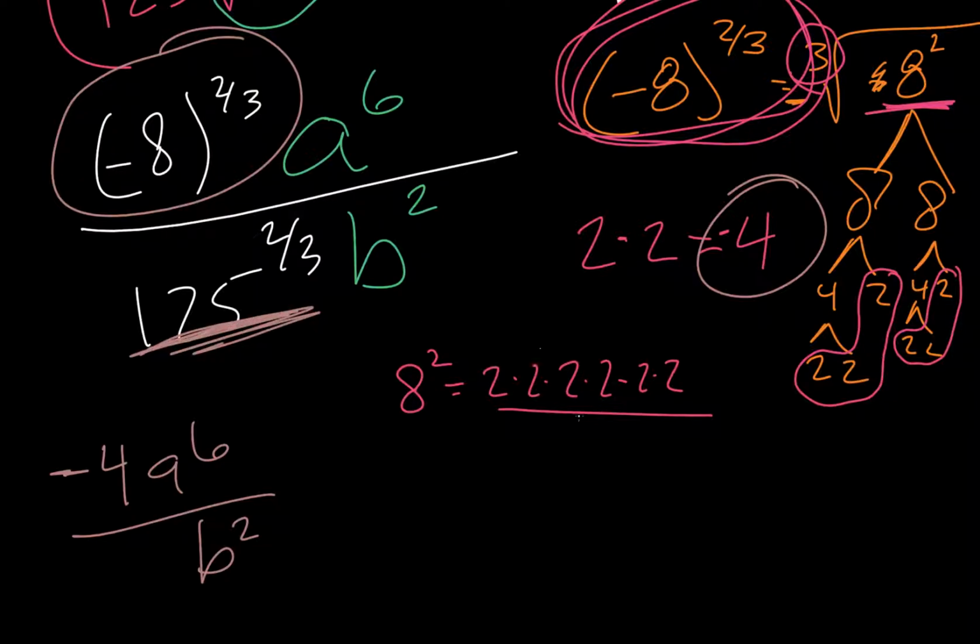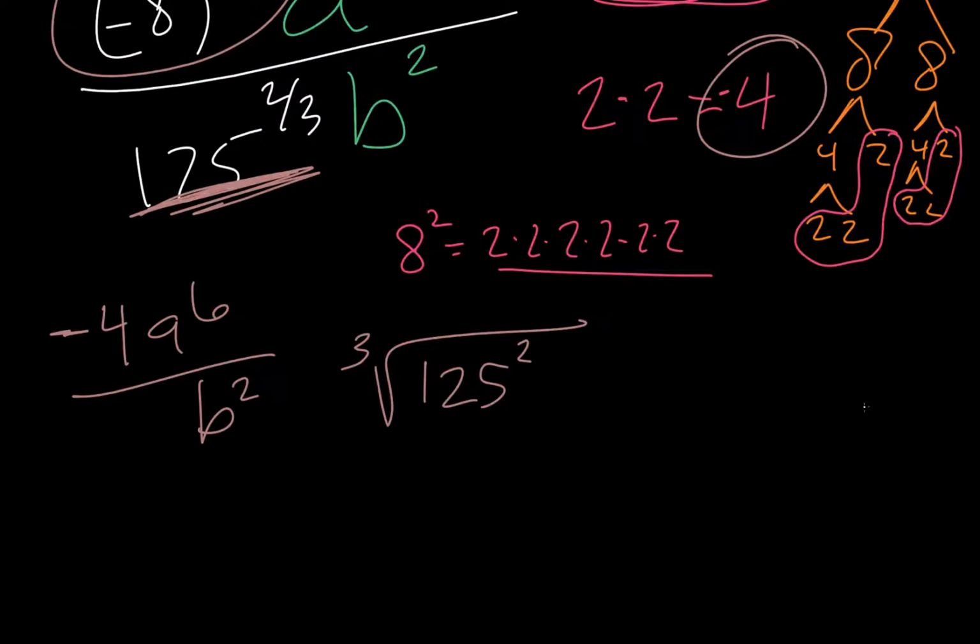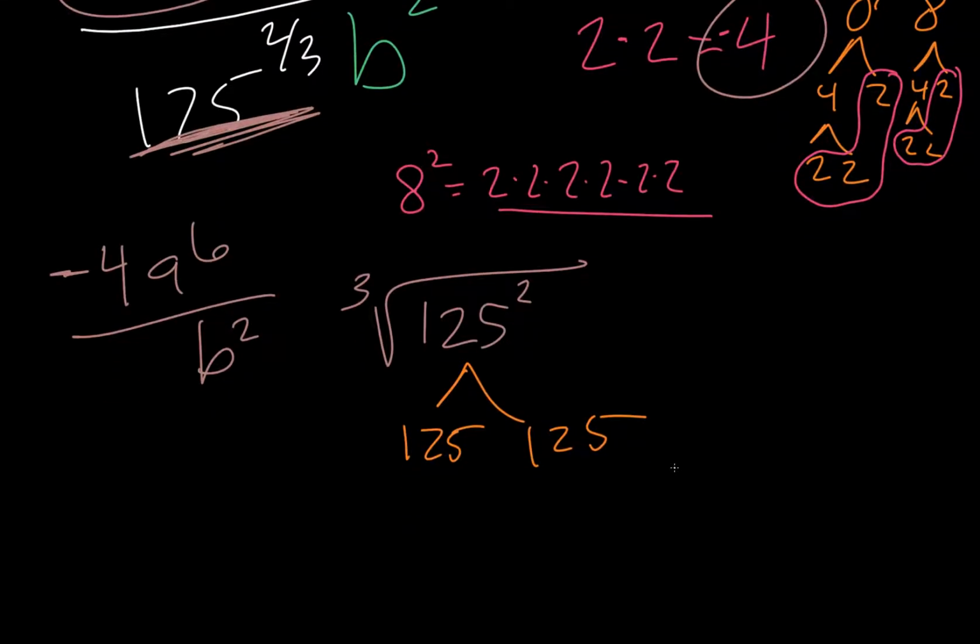Now we just need to figure out this 125. I'm going to rewrite that as 125 squared under a cube root. Once again, we're not going to square 125. Instead, we're going to just think of it as 125 times 125. 125 can be broken up into 5 times 25. 5's prime, so we don't do anything.